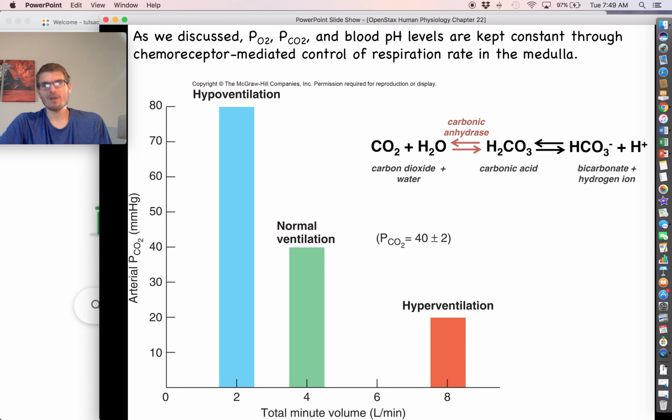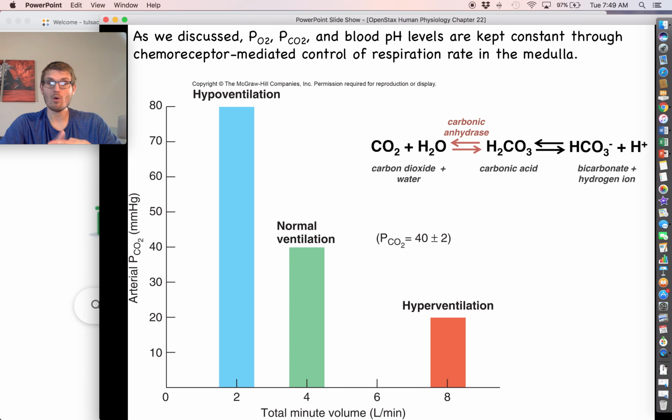All right, delving further into this topic, we've already discussed the 3 different parameters that your central nervous system is constantly keeping its eye on. PO2 is the amount of oxygen gas dissolved in the blood plasma. Don't forget, dating back to chapter 18, PO2 does not measure oxygen carried by hemoglobin.